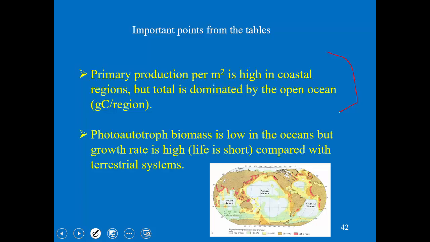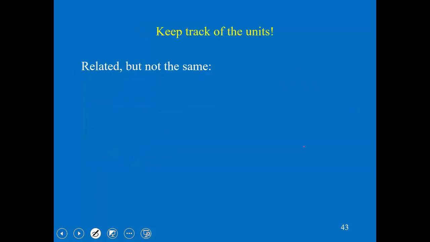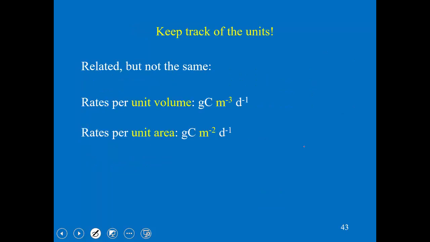Also, the other point is that the phytoplankton biomass is low in the oceans compared to what we see on land. But the growth rate is high. And so it's really important for you to keep in mind the units. You have units of per meter cubed, the volumetric measure, versus per meter squared.